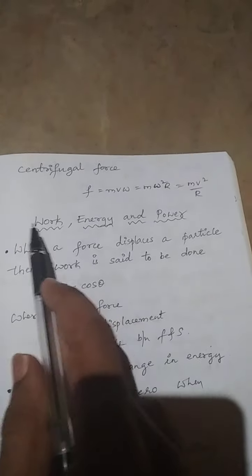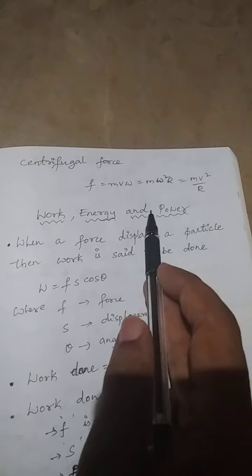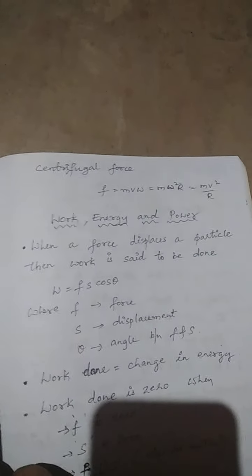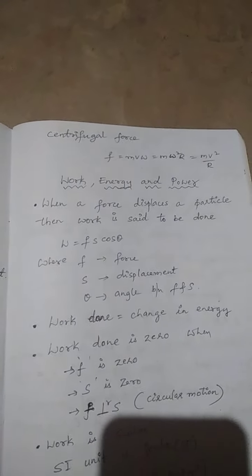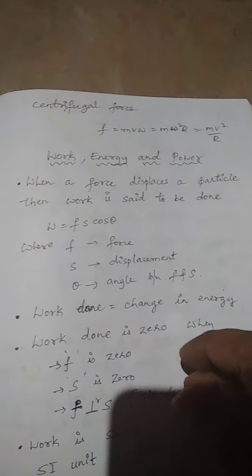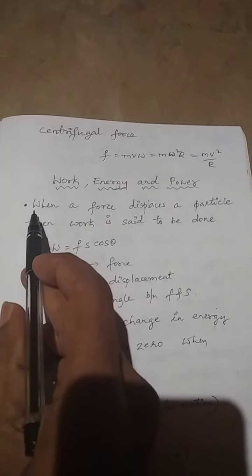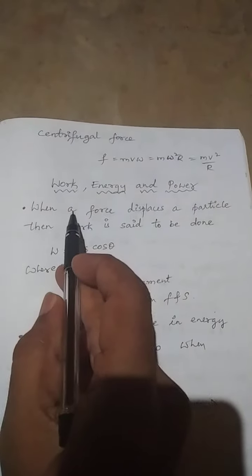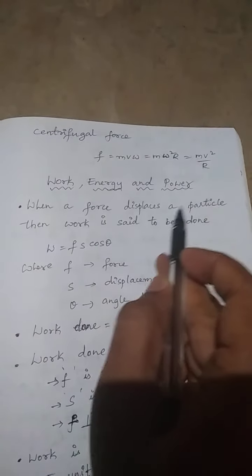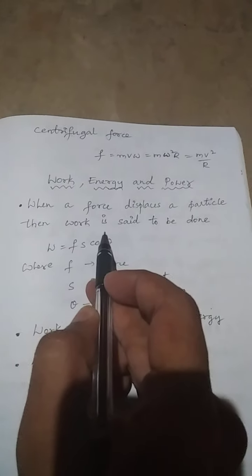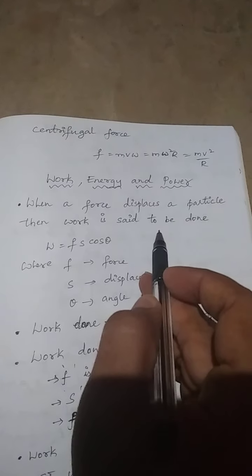Now today's important topic is work, energy and power. In brief, the first point to remember is that when a force displaces a particle, work is said to be done.